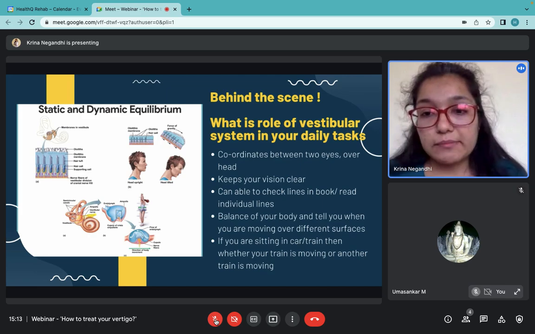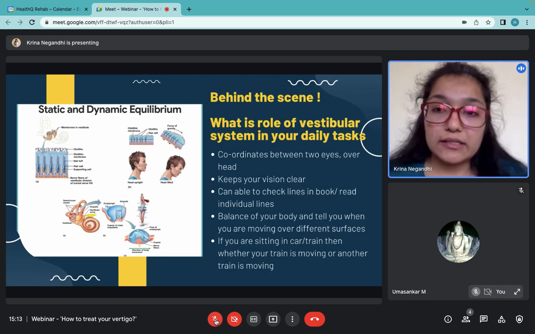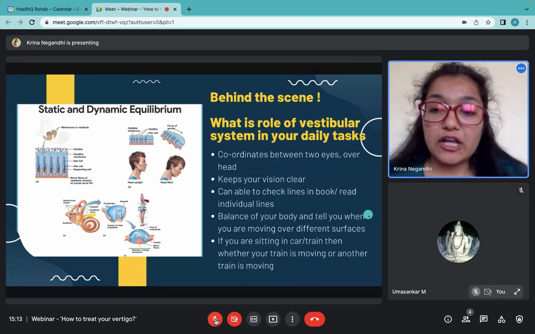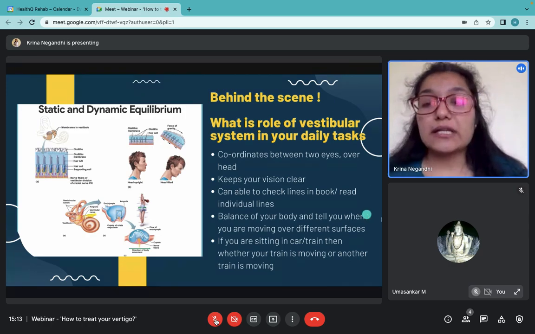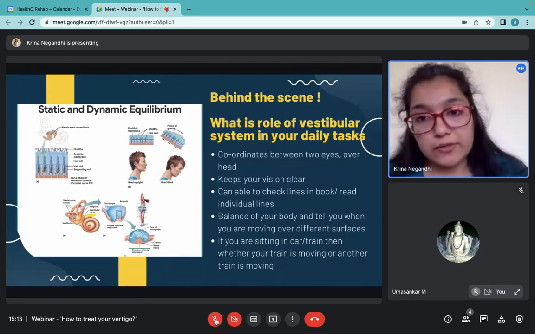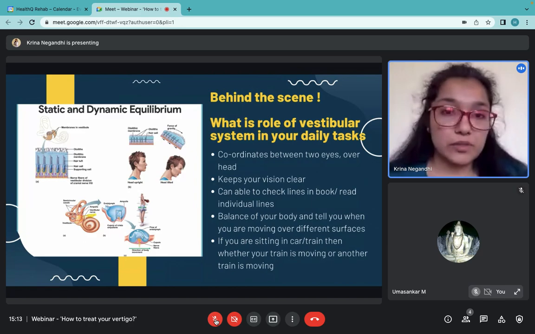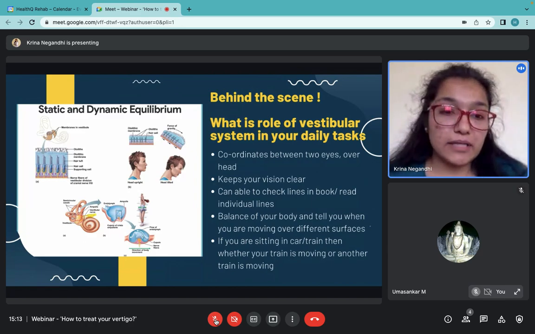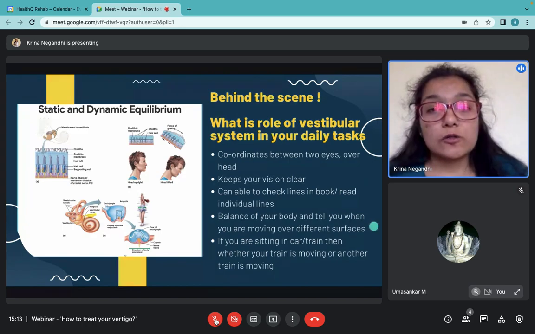So the responsibility of the vision is taken over by the vestibular system, as well as the functioning of the body by maintaining its balance over the different surfaces. Hence, static and dynamic equilibrium is maintained by the vestibular system.